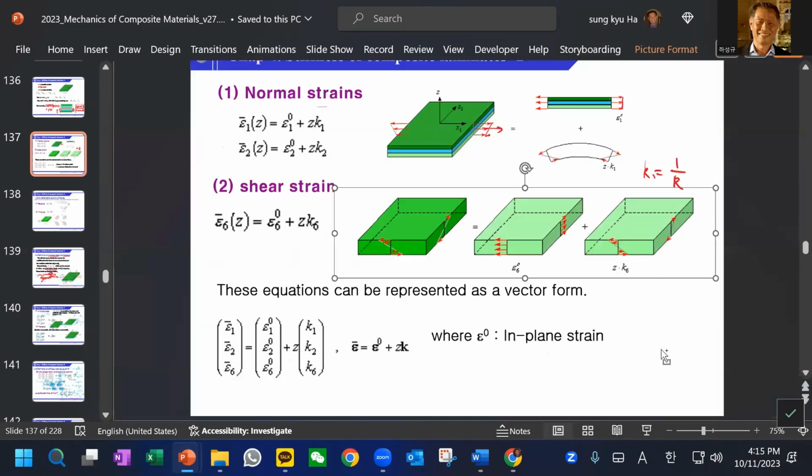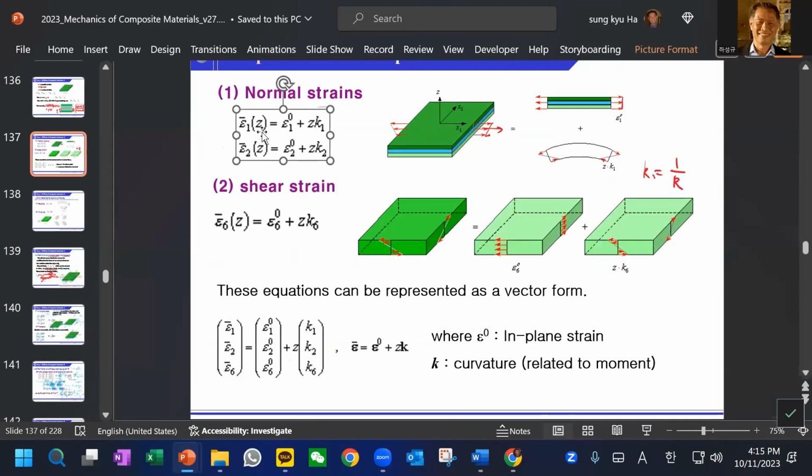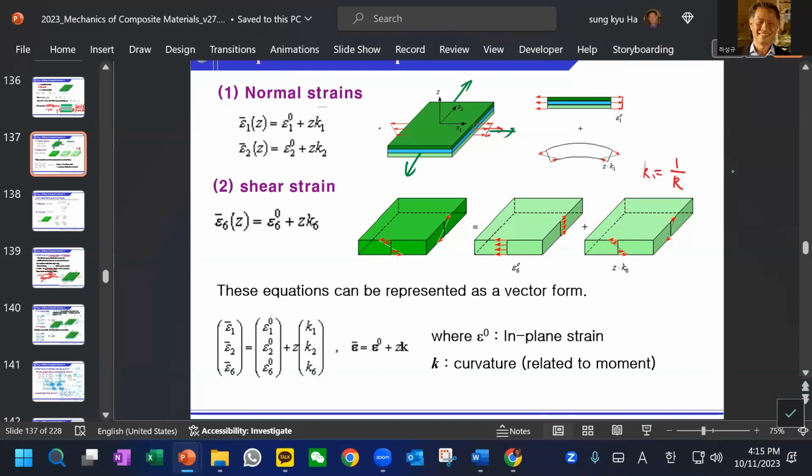Any normal strain means that, I don't want to confuse you, but it can be this way or that way, and it can be this curvature and this curvature. So this is one direction, and this is the other direction.